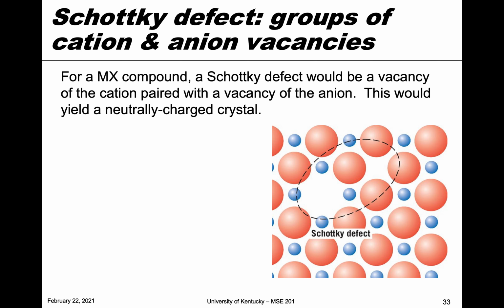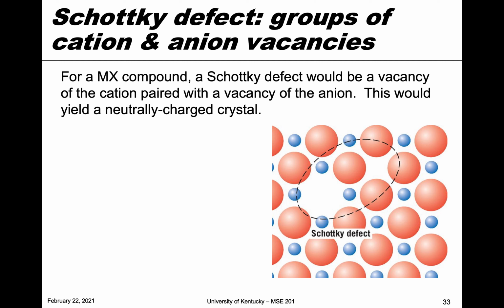The next one we want to talk about is the Schottky defect. The way this balances charge in an MX type compound, so 1-to-1, is that we have groups of cation and anion vacancies. If we have an anion vacancy like we see here, it has to be paired with the equivalent number based on the stoichiometry so that everything is charge neutral. In this case it would be 1-to-1, so I have one anion and one cation vacancy.